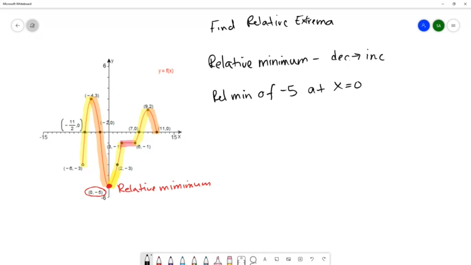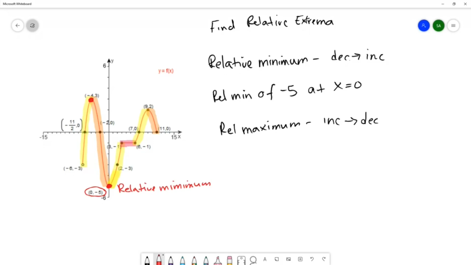And then we want to find relative maximum. And a relative maximum is going to occur when you have a change from increasing to decreasing. So you can see right here on the left of this point, the y values are increasing, and to the right of that point, they are decreasing.